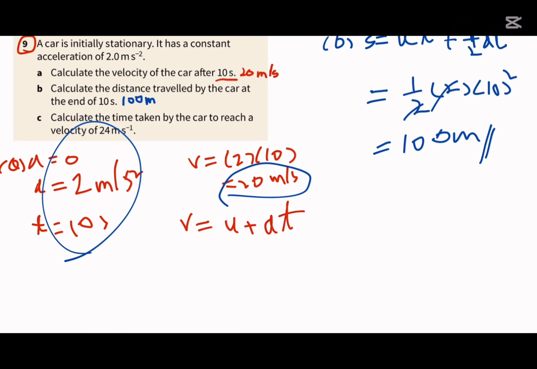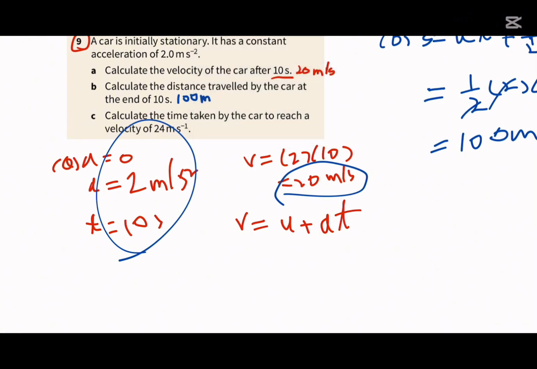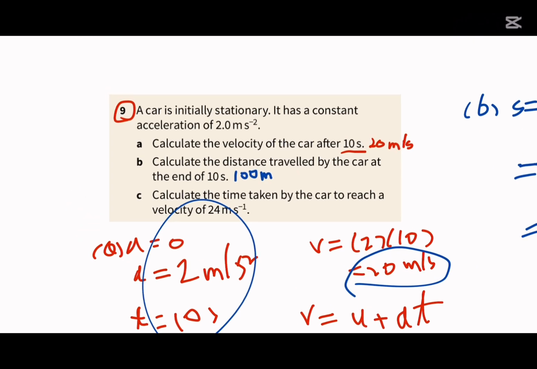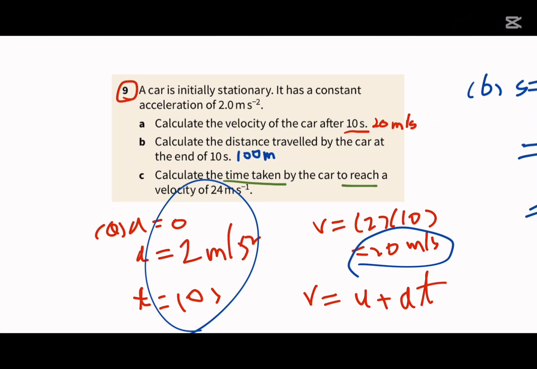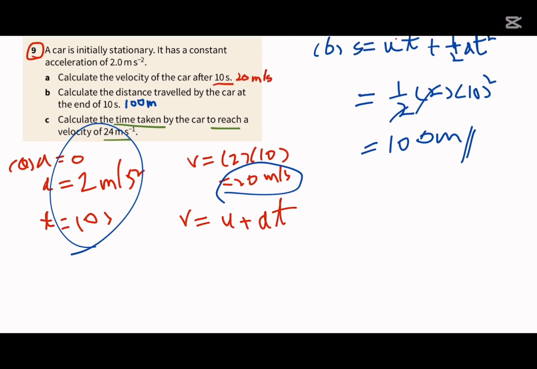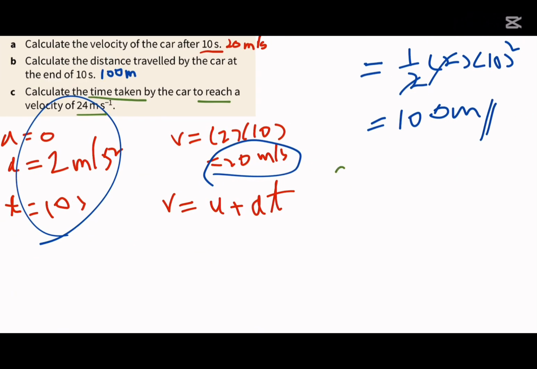So now let's do part C. Calculate the time taken by the car to reach a velocity of 24 meters per second. We can use the normal a equals v minus u over t equation. We can rearrange it. I keep forgetting to rearrange; I'm so used to the equations as they are that I forget.